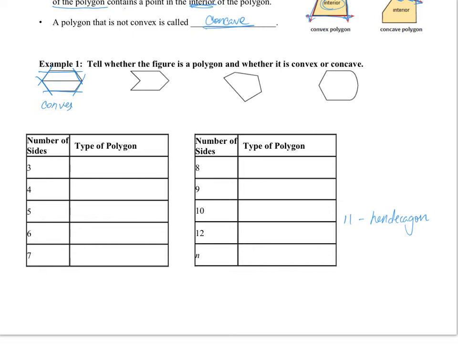And for the next one, it would be concave, because if I were to pick this side and draw a line through it, it will intersect the interior of this polygon. And the next one will be convex, and this will be concave.